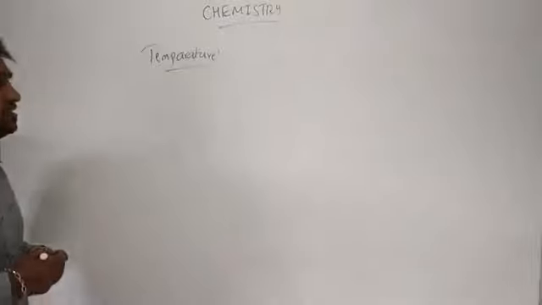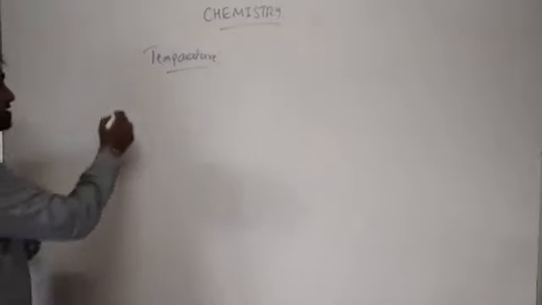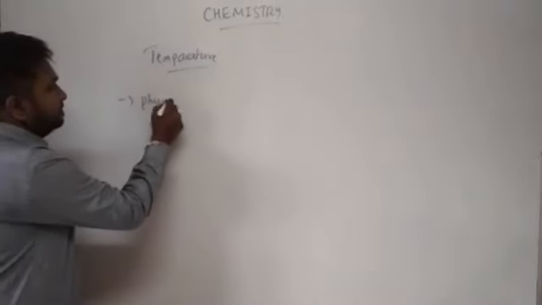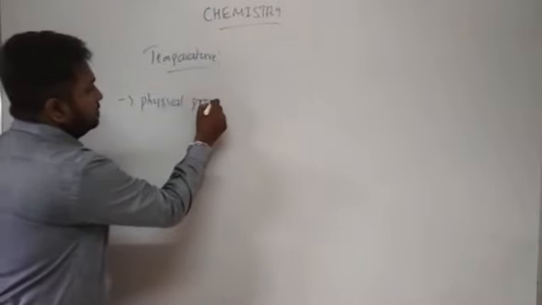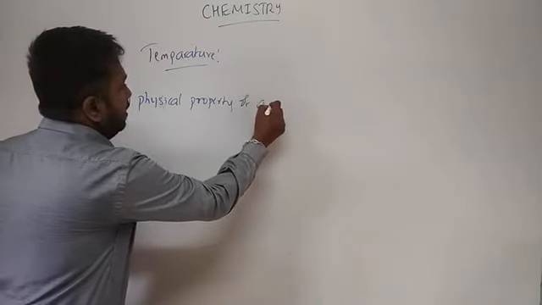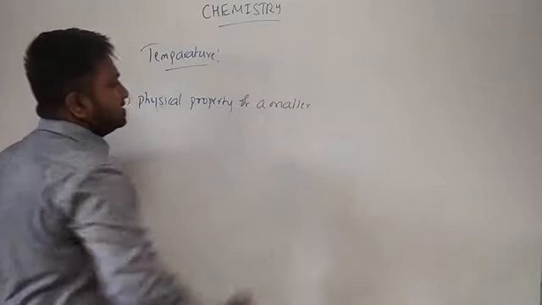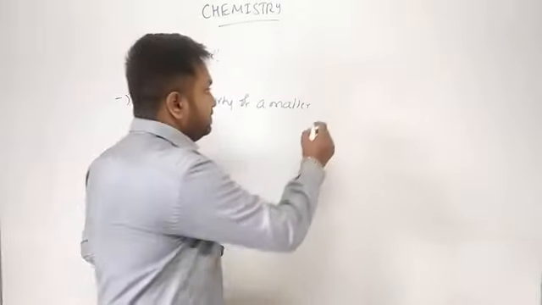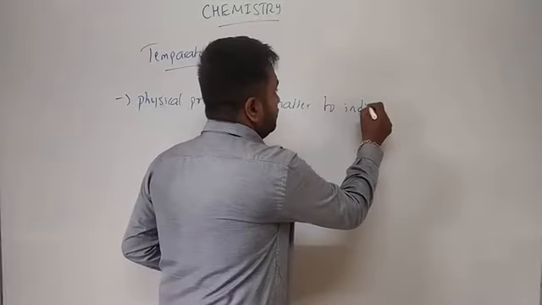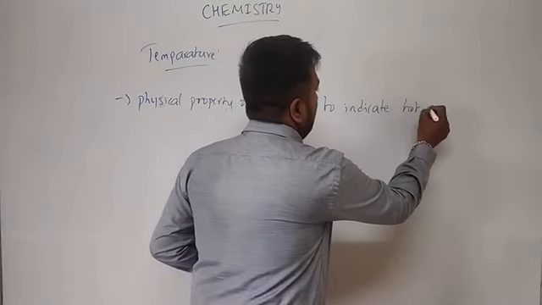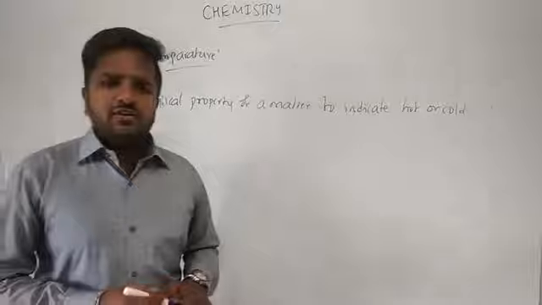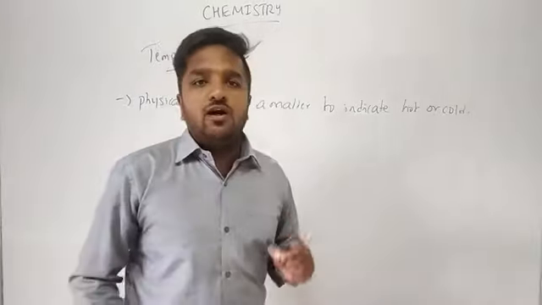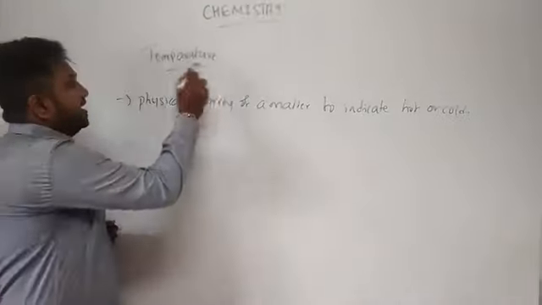Temperature is a physical property of a matter or a substance, to indicate hot or cold. It is a physical property of matter, and we indicate whether the matter is hot or cold by temperature.